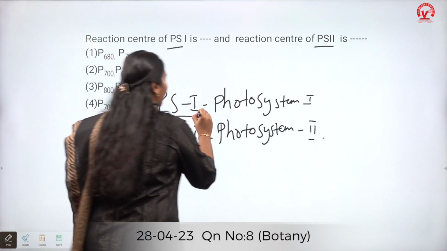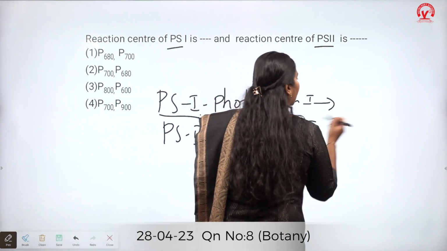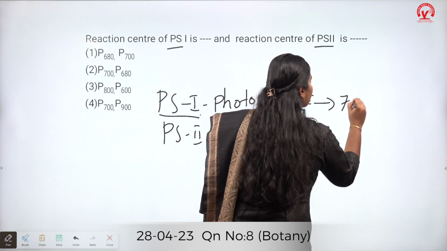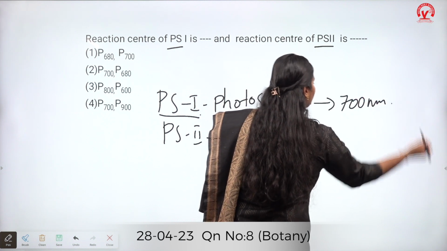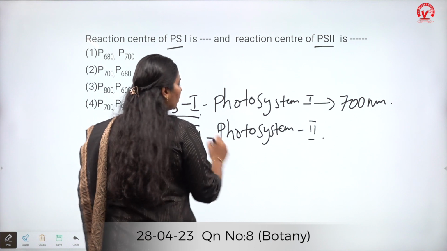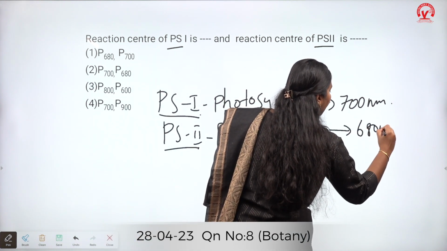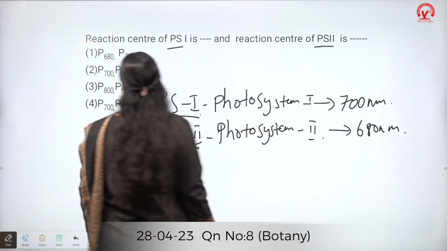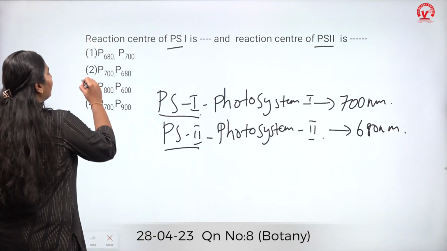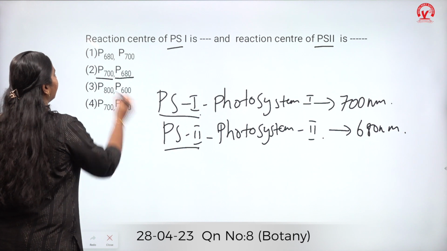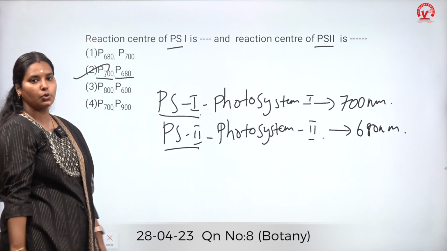PS1 usually absorbs light at a wavelength of 700 nanometer, and PS2 usually absorbs light at a wavelength of 680 nanometer. So the correct option is P700 and P680. So the option is 2.